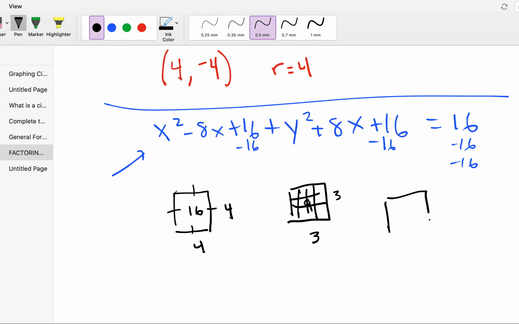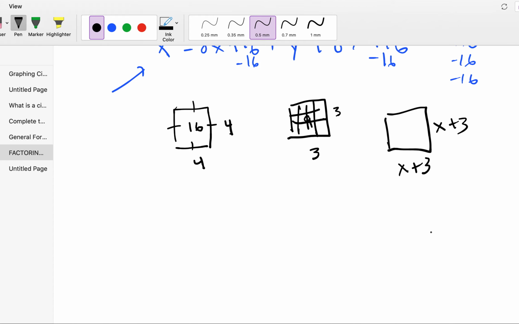So what if we have little knowledge of the sides and it's x plus 3 and x plus 3? Well, we want to practice making perfect squares and factoring perfect squares when we have algebraic expressions.